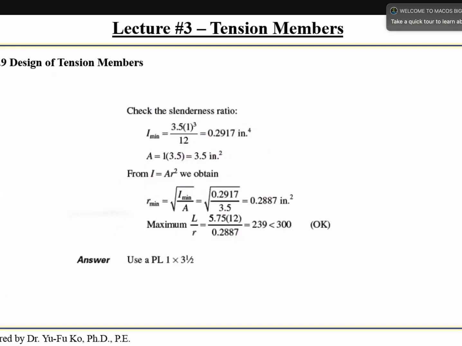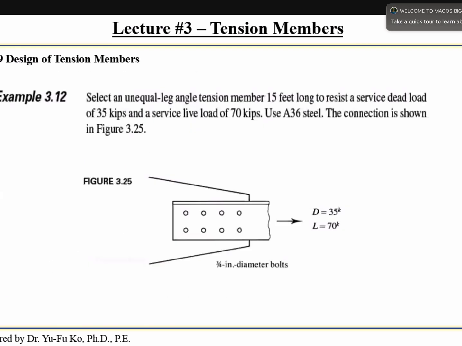So now with that being said, let's move on to one of the examples for the design. Example 3.12. So the problem wants you to select an unequal leg angle tension member 15 feet long to resist a service dead load 35 kips and service live load 70 kips. Use A36 steel. So the connection is shown in here.